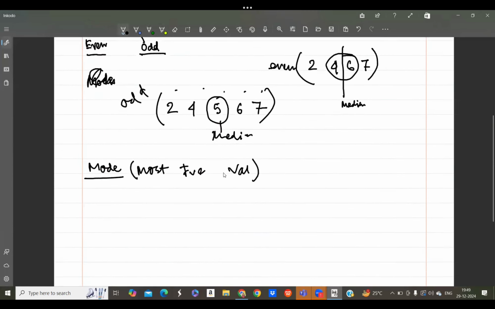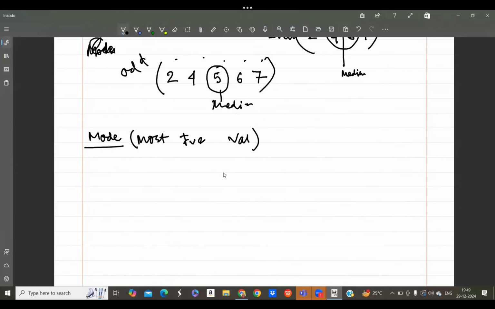Let's say if this is your data point, here all the data points are appearing one time only, right? So we can say all of them are our mode, or you can say we don't have any mode. Clear? Simple.